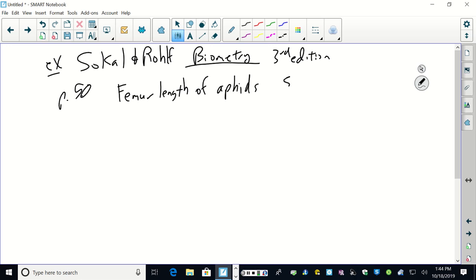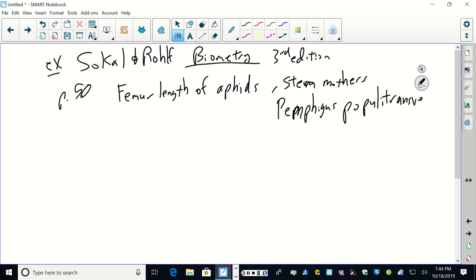And the aphids, there are mothers, some of them are called stem mothers, that generate offspring. And it's a species, Pemphigus populitransversus. I bet we could look up a graph of that. But for these 25 aphids, they measure the length of the femur, and the standard deviation of these 25 measurements is 0.3464.